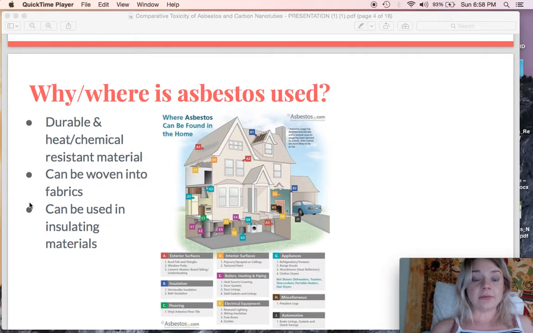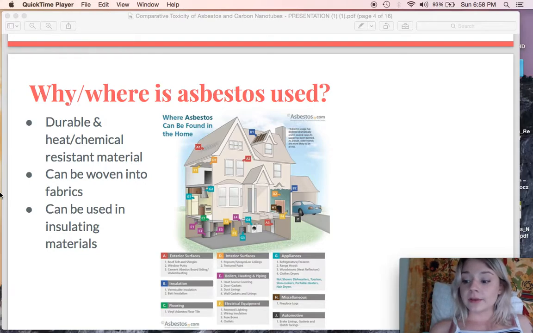So why and where is asbestos used? First, asbestos is used because it is durable and heat/chemical resistant. It can be woven into many fabrics, and it can be used in many different types of insulating materials. Asbestos is most commonly found in homes or other buildings, as well as in our vehicles.